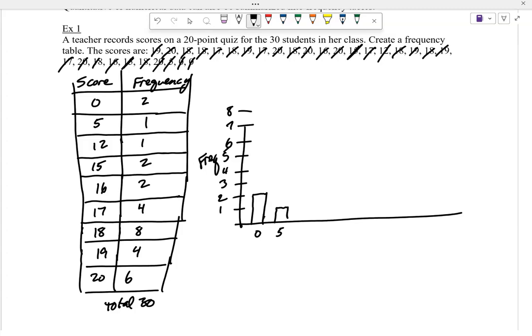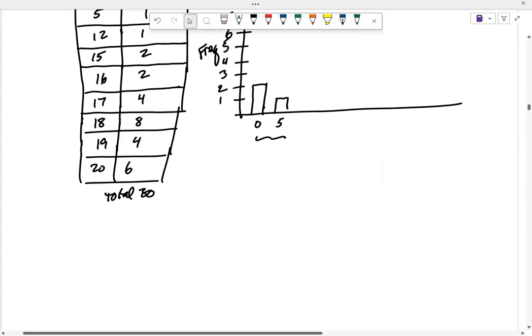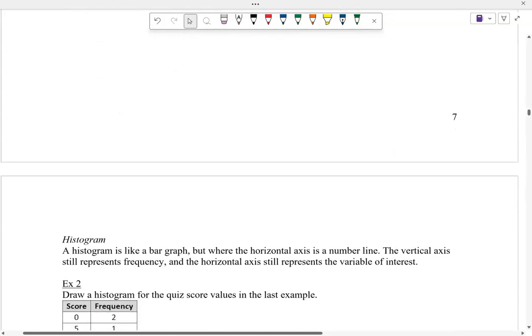But this bar graph doesn't really make sense because the first and second numbers, these are 5 values apart. It's just kind of awkward, right? And they're both numeric, both the category and the frequency there. So it would be more correct to use what's called a histogram.